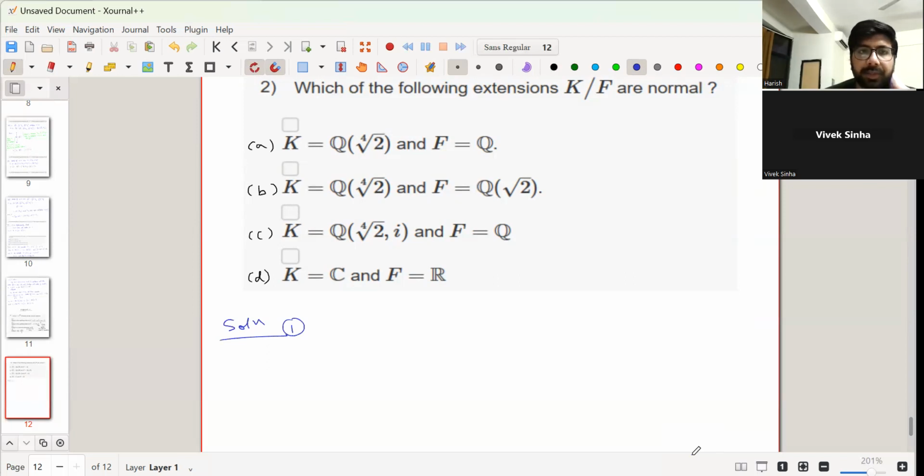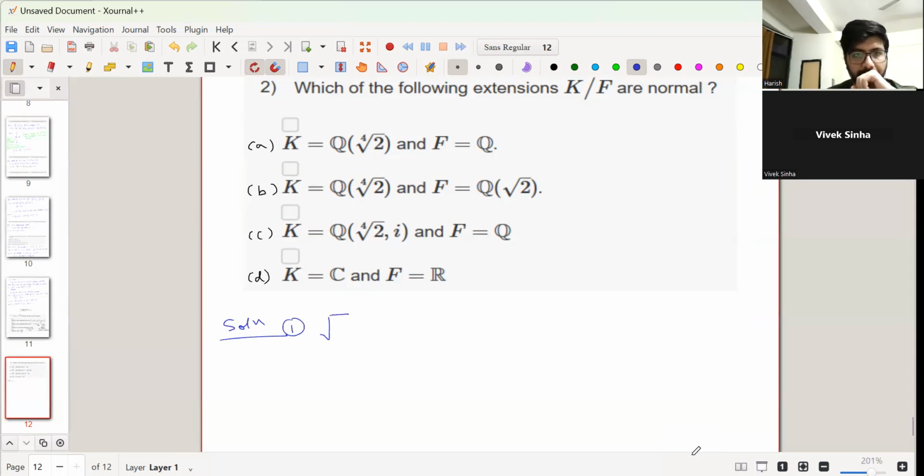So what is extra that is adjoined in this field apart from Q? That is the fourth root of 2. So we should see whether this gives you something.